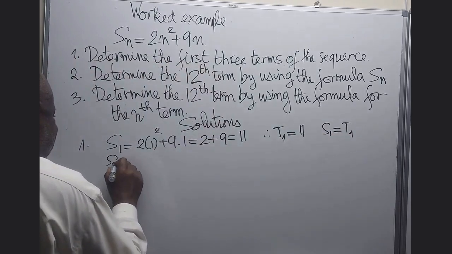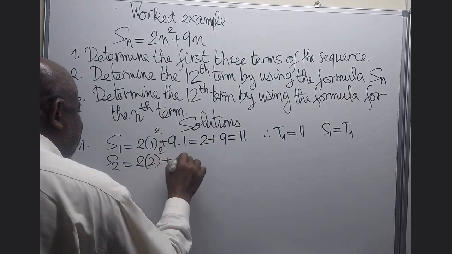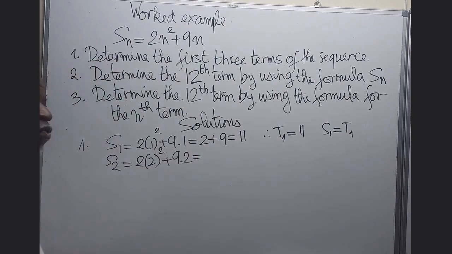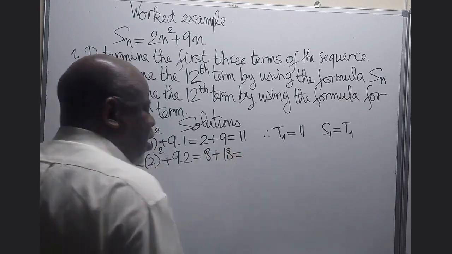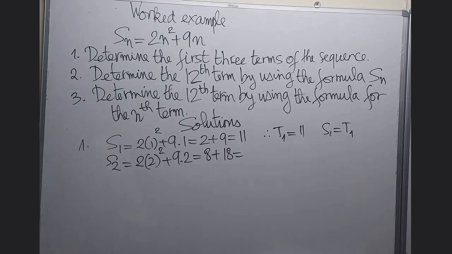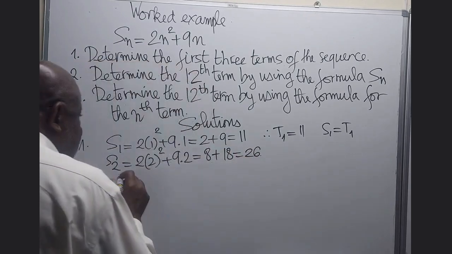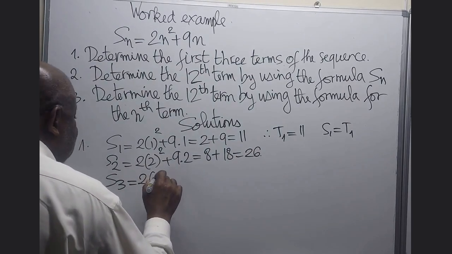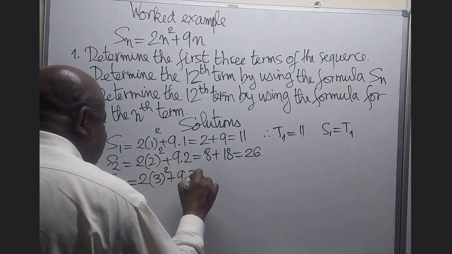We're going to take S2. S2 will be equal to 2 times 2 squared plus 9 times 2. And this will give us 2 squared is 4, 4 times 2 is 8, 8 plus 18, and this is going to give us 26. Then we're going to go to S3. S3 will be 2 times 3 squared plus 9 times 3.